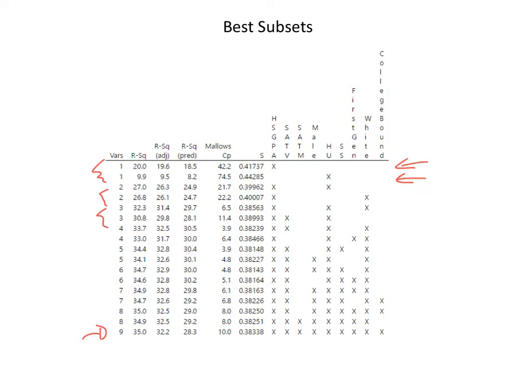So what we might look at, just to start off, is the model that has the highest R squared adjusted, which would be right here. It also has a high R squared value. That model, you can see here, includes 6 predictors, wherever the 6 X's are. So what we might want to do is run that model and then look at the individual t-tests to see if all of the predictor variables are effective.